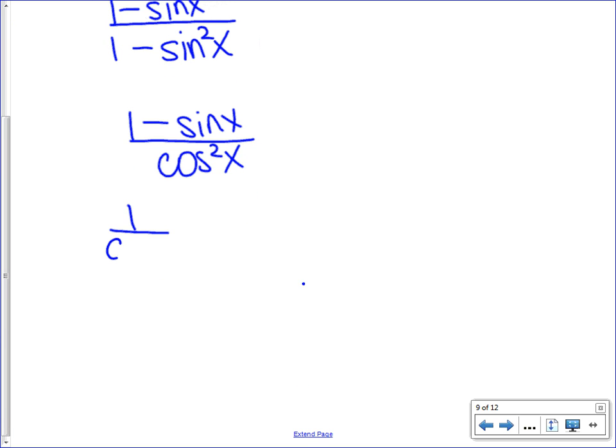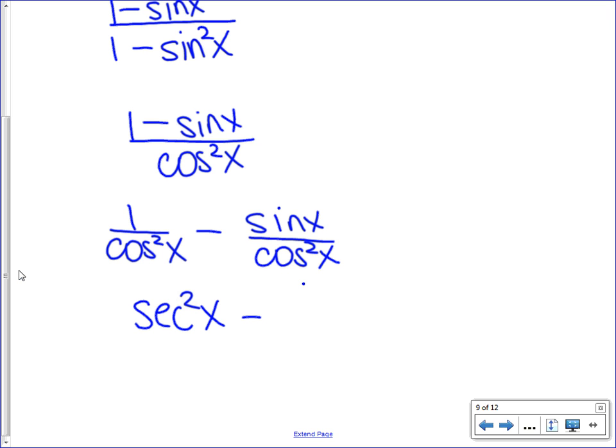So we have 1 over cosine squared minus sine of x over cosine squared. This one's not bad. What's 1 over cosine squared? Well, what's 1 over cosine? Secant. So what would 1 over cosine squared be?